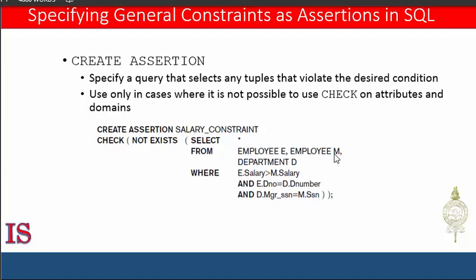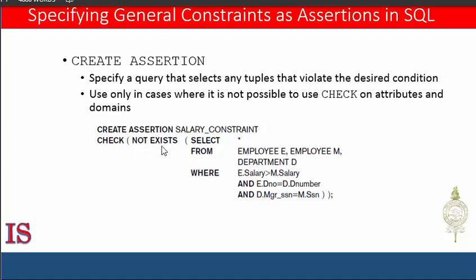employee that serves as the department manager, and then department with an alias of D, where the employee's salary is greater than the manager's salary, where E.salary is greater than M.salary, and the employee department number is equal to the department D number, and where the department manager is this employee in the employee table, M. So therefore, this query is asking for a list of all employees who have a salary greater than their manager.